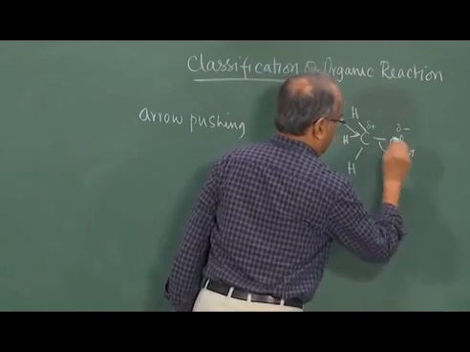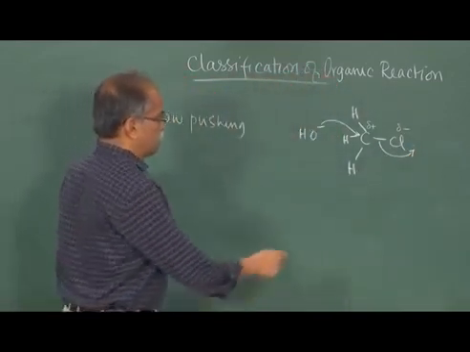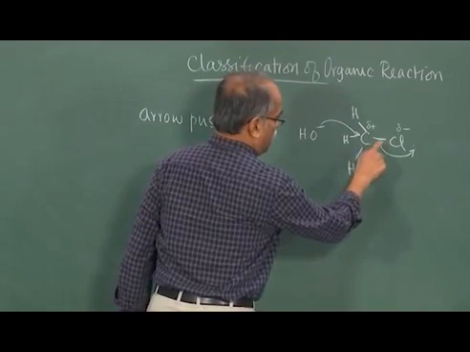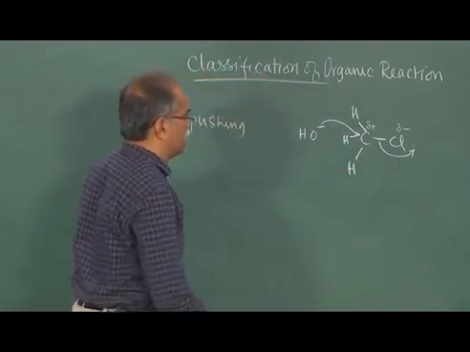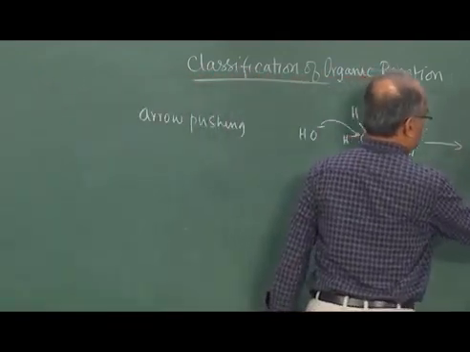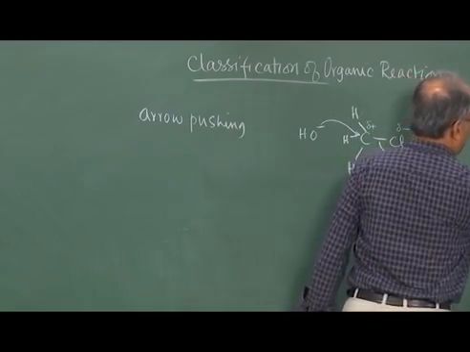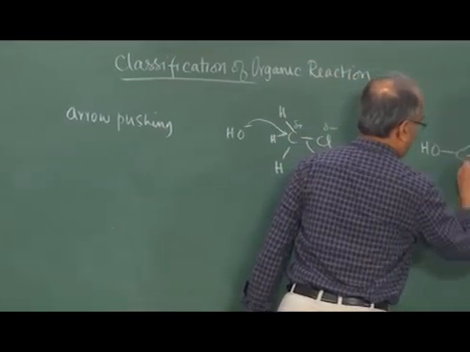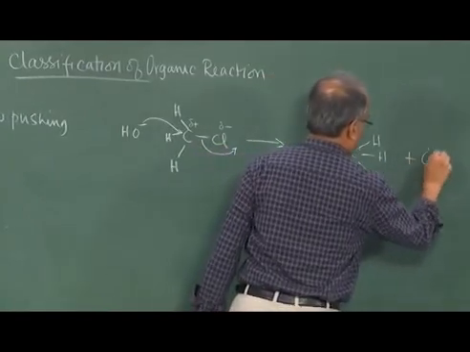And if this is a leaving group, then this essentially means this chlorine leaves along with the bonding pair of electrons. So, in the process you produce methyl alcohol plus a chloride ion, for example.